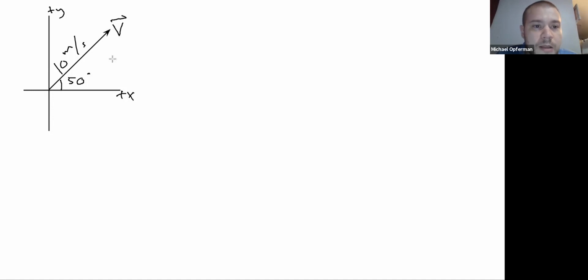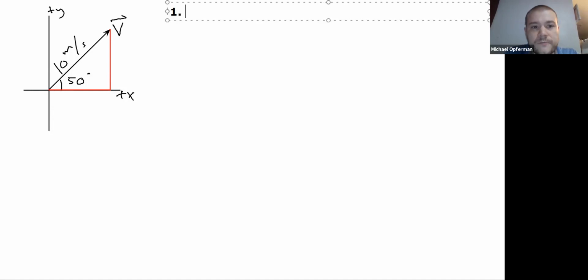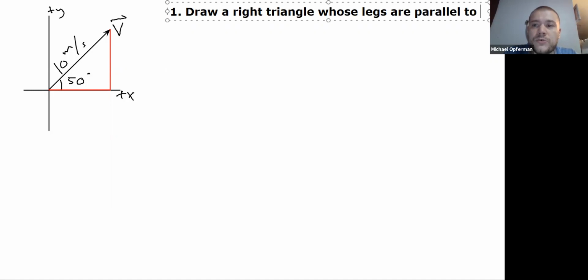So let me drop a line down like this, and the other line is going to overlap with the axis like that. And let me write this down too, because I want to make sure you know the steps of how to do this. Draw a right triangle whose legs are parallel to the x and y axes.